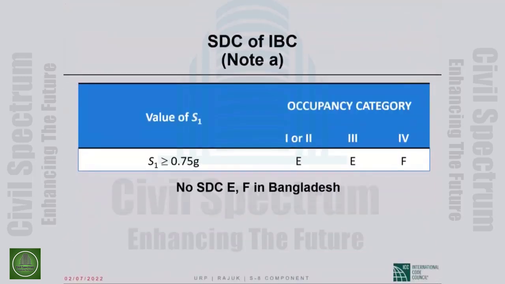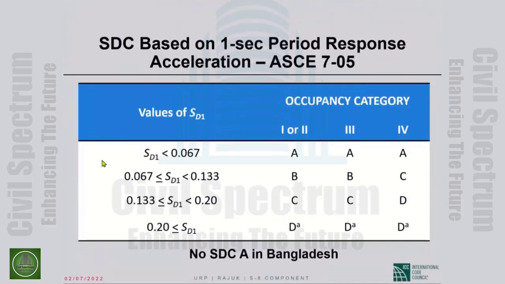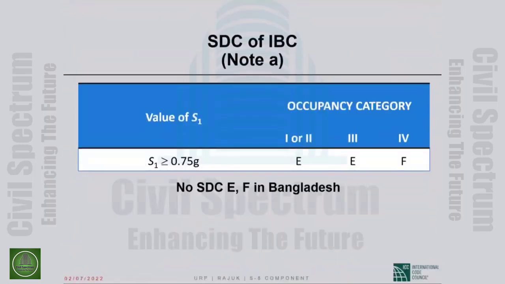Now, the tables give you A, B, C, D, but then there are those notes to go with the table. And the notes we have translated into a little table. The notes actually say, if your site is located where the mapped long period ground motion can be larger than or equal to 75% of gravity. Okay.